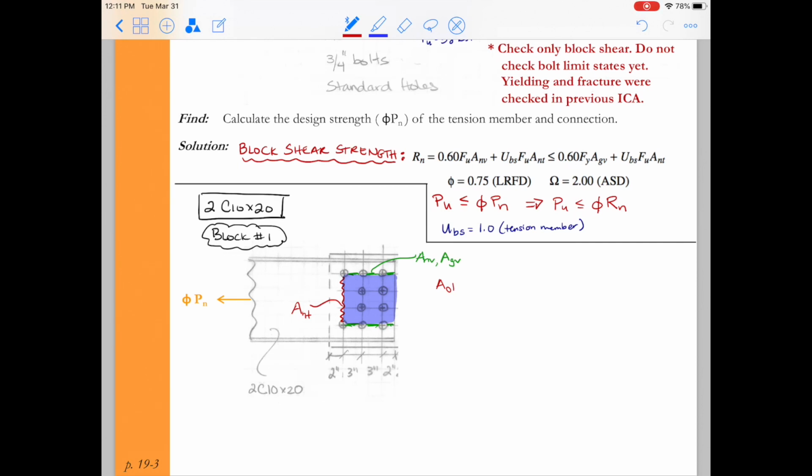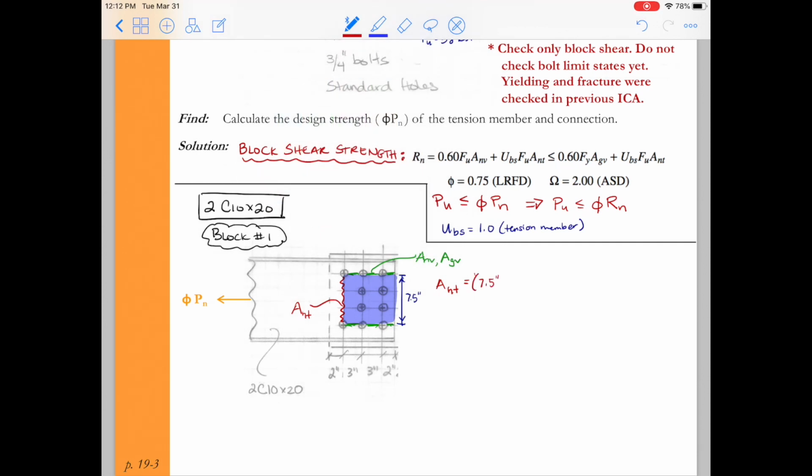So I'll start with the net tension area, and the net tension area is going to be just like we calculate the net tension area for fracture. So in fracture, we consider pretty much the overall width of the block, but then we have to subtract out the bolt holes, or the number of bolt holes that we go through across that width.